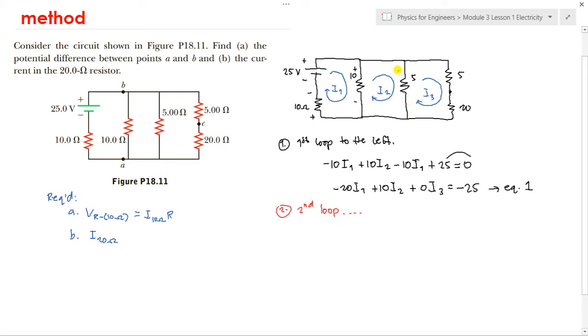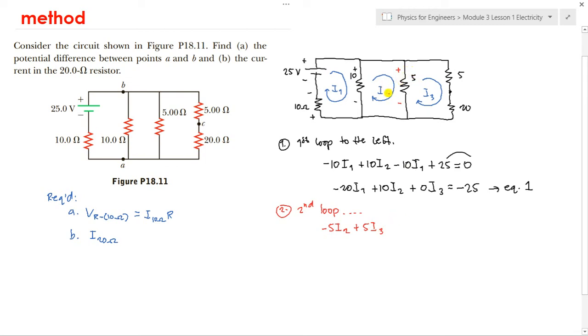For the 5 ohm, this is positive terminal, negative, so we have 2 currents that interact here, I2 and I3. Let's start with I2. For I2, this would be a voltage drop because it is from positive to negative. That would be negative 5 I2. However, for I3, that is from negative to positive, so voltage increase. So plus 5 I3.